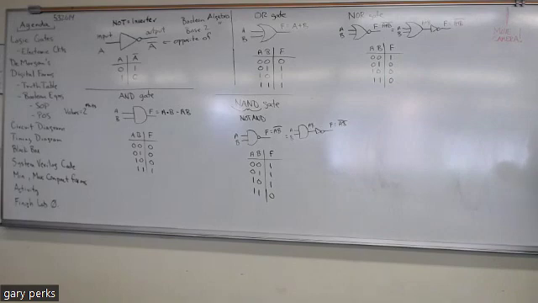Okay? So any questions on any of these gates? These 5 gates are called the basic logic gates. In a few classes, I think not next class or the class after that, we'll talk about a couple of other logic gates that aren't part of the basic gates, but they're still useful gates. But these are the 5 basic logic gates.